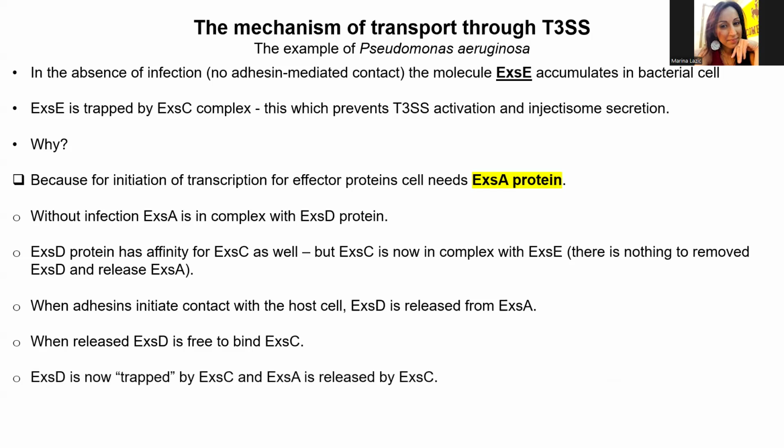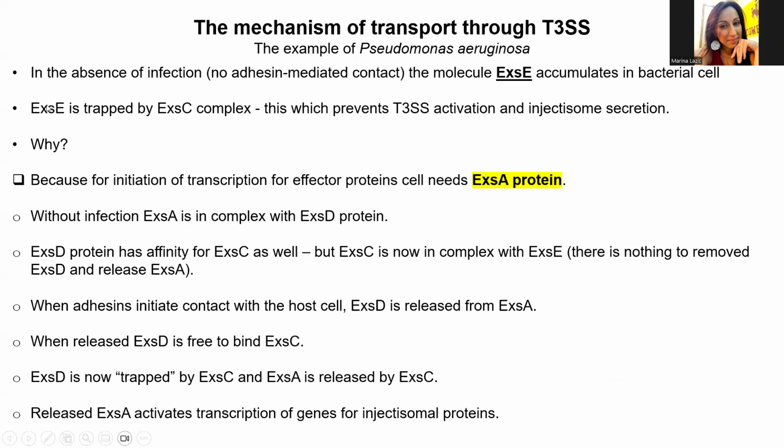And XC is now trapped by XD. So it's literally a changing of interactions. So XA gets released by XC, so everything is great. What that means is that now free XA can go and activate transcription of genes for injectosomal proteins.